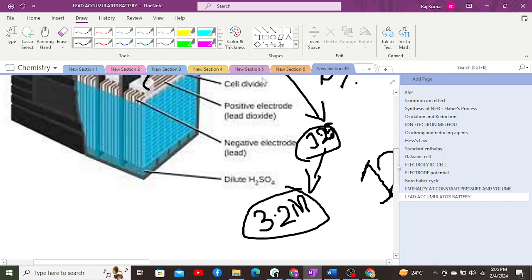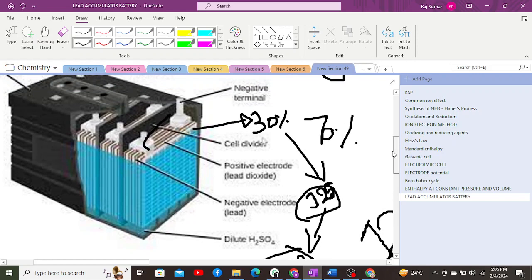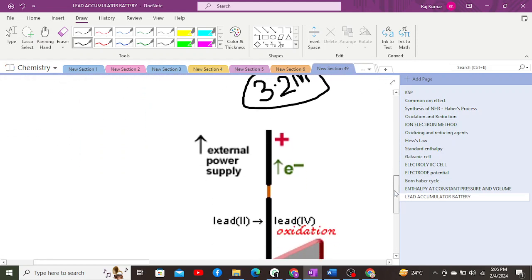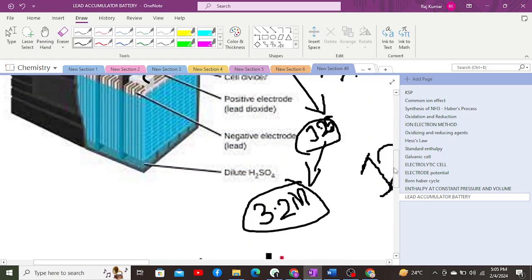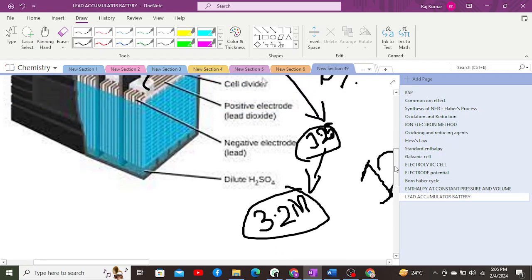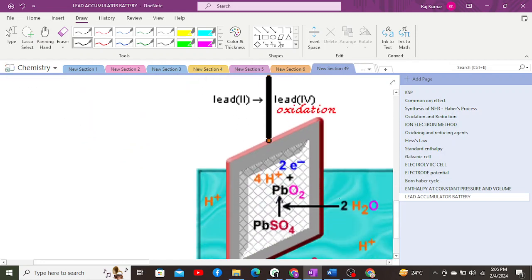Now for the electrodes: the anode utilized in this process is lead, or plumbum, whereas the cathode is lead oxide.